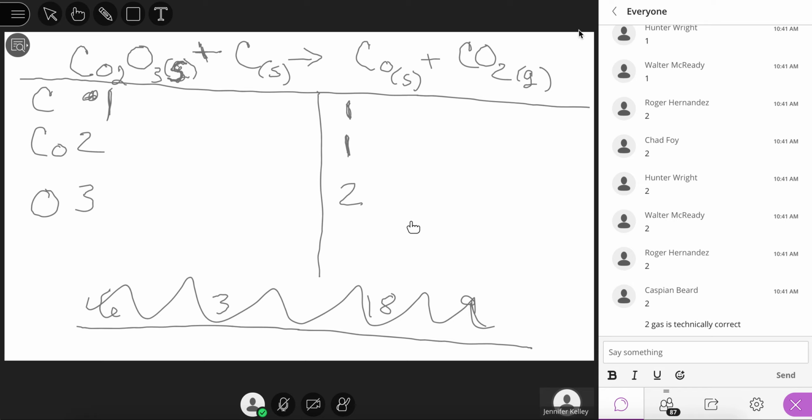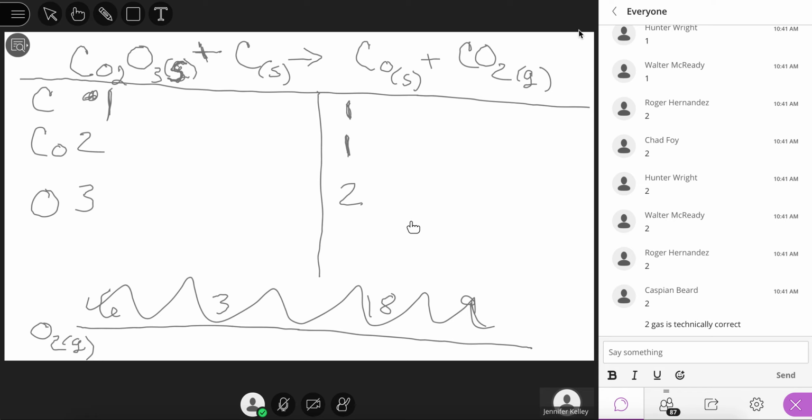Looking at this, we can start pretty much anywhere. With this one, the oxygen's not going to be as hard to balance because there's no O2 anywhere, like a single oxygen molecule by itself. By O2, I mean like this. There's not one of those, and sometimes that throws things off.